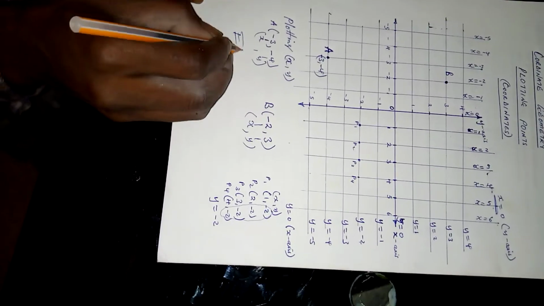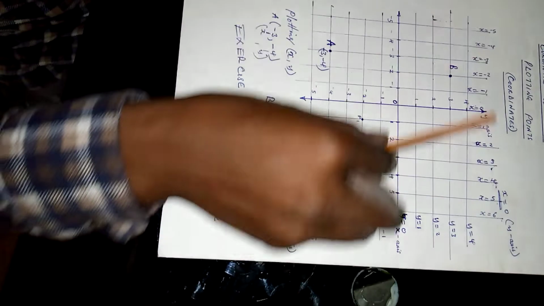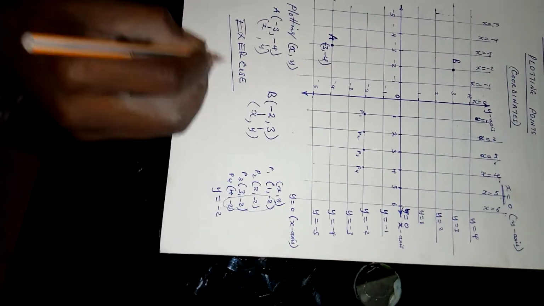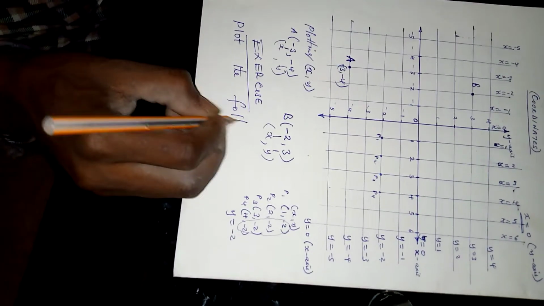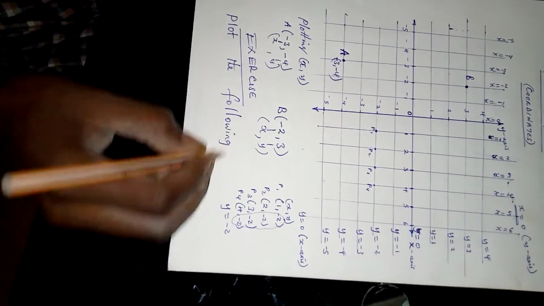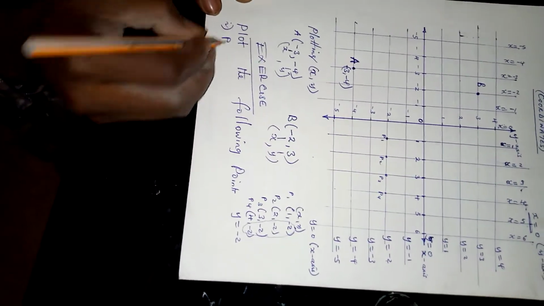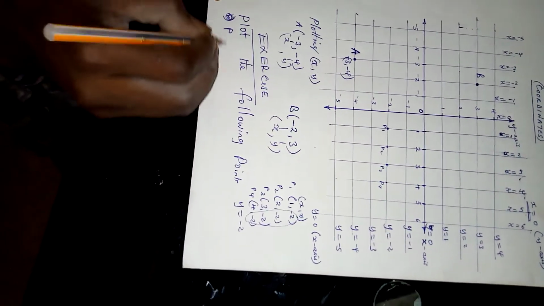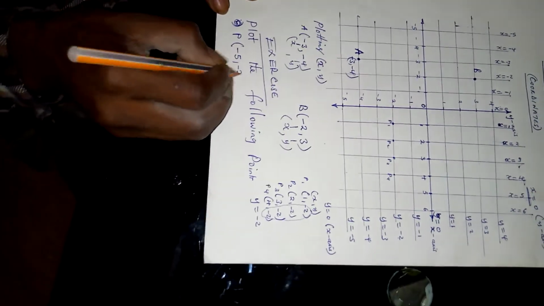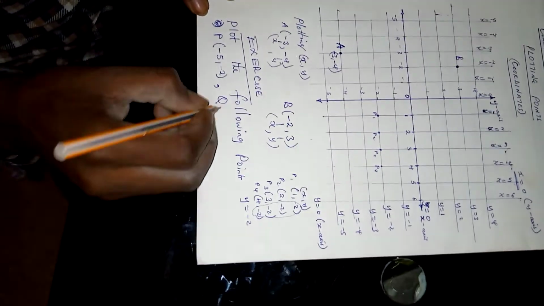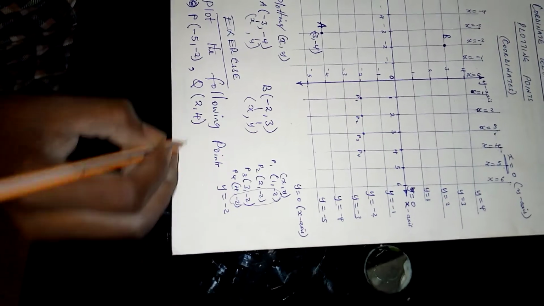For your exercise, please answer this exercise. You are going to draw the same graph, but I want you to plot the following points. Number 1, point P, which will be at (-5, -2). Plot point Q, which will be at (2, 4).